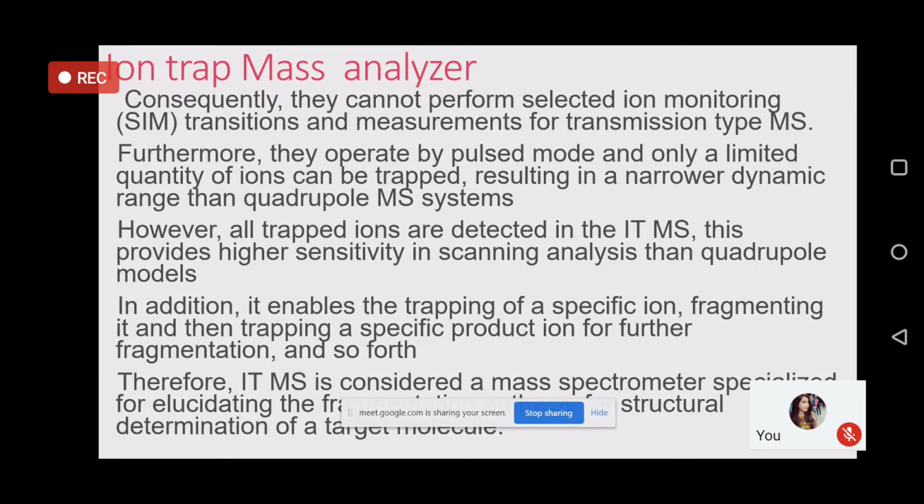In addition, it enables the trapping of a specific ion, fragmentation of it, and then trapping a specific product for further fragmentation and so forth. Therefore, ITMS is considered a mass spectrometer specialized for elucidation of fragments and structural determination of large molecules.